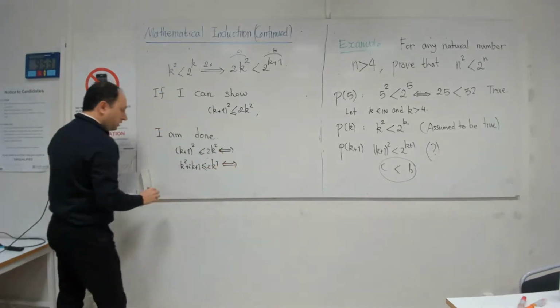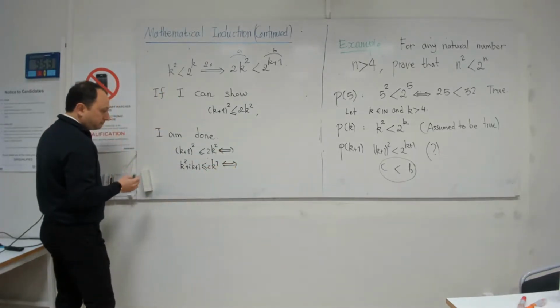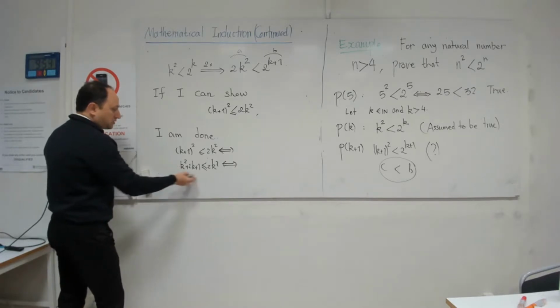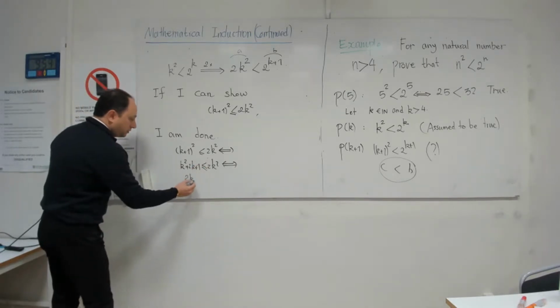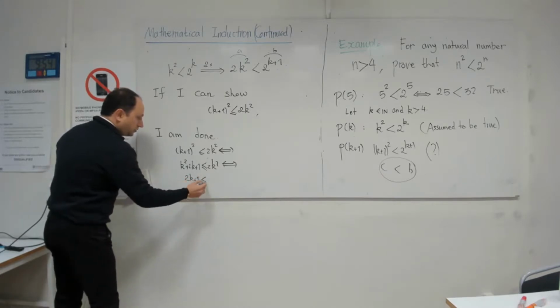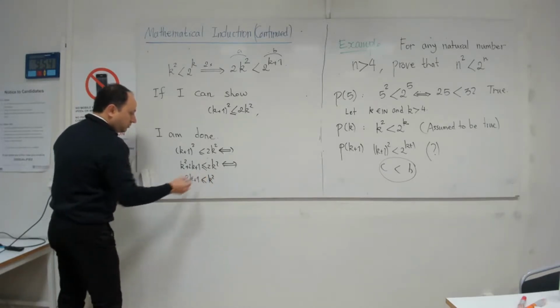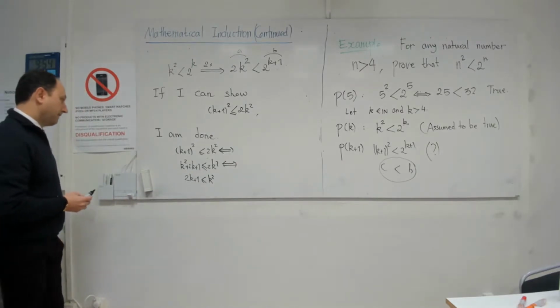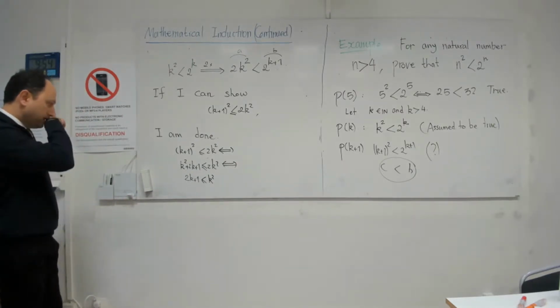Here, I can do what? For example, I can move k squared to the right. It becomes 2k plus 1 is less than or equal to k squared. But this is also still not guaranteed, is it? What can I do now?